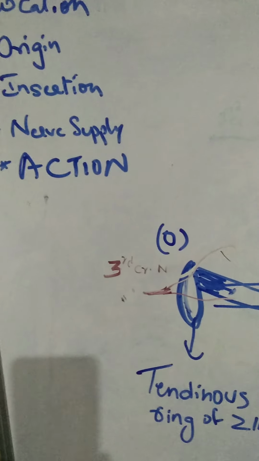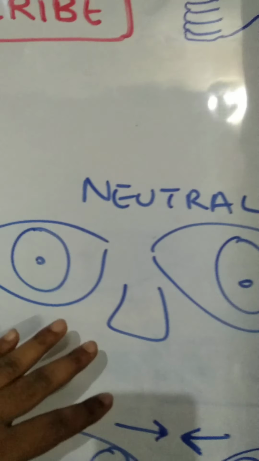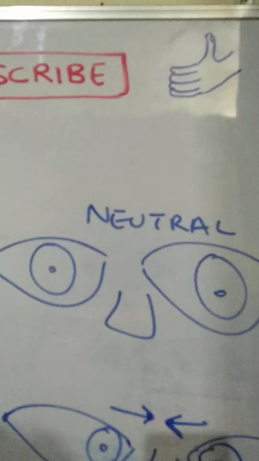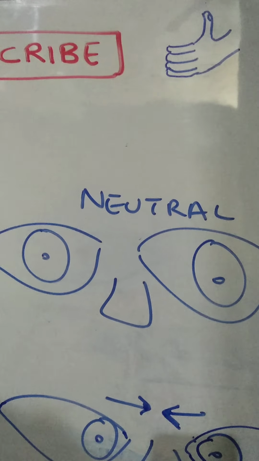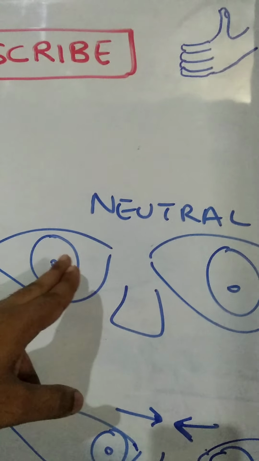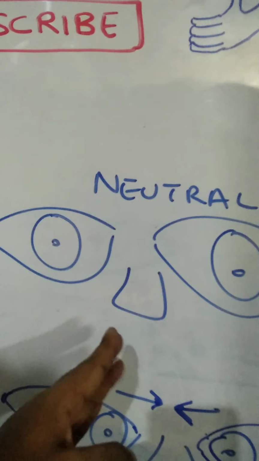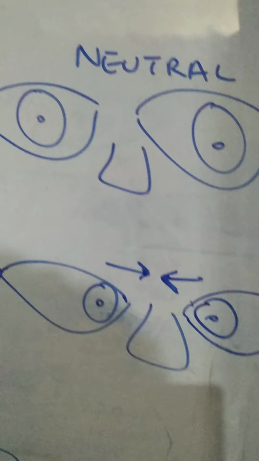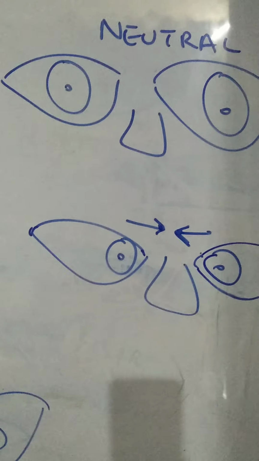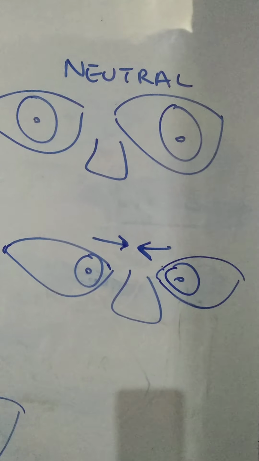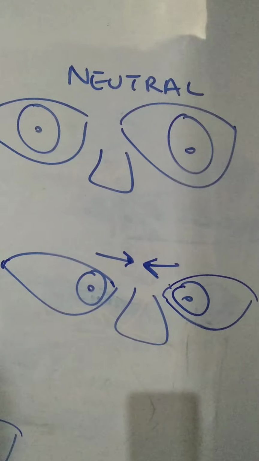Coming to the last but not the least, the action of this muscle. This is a neutral position of the eye where both the eyes are looking straight forward. From this neutral position, if the medial rectus contracts, the eye will move towards the midline. That is, medially, the eyeball will shift like this. Any movement of any structure in the body towards the midline is called adduction.